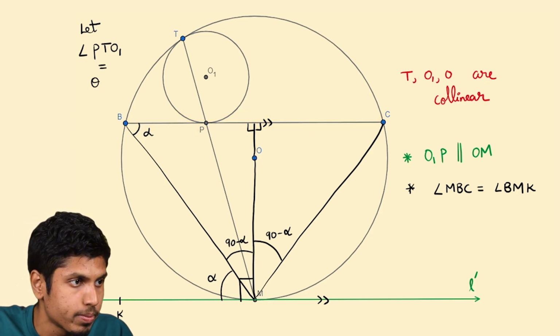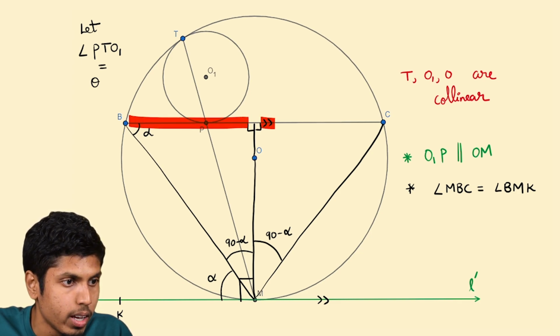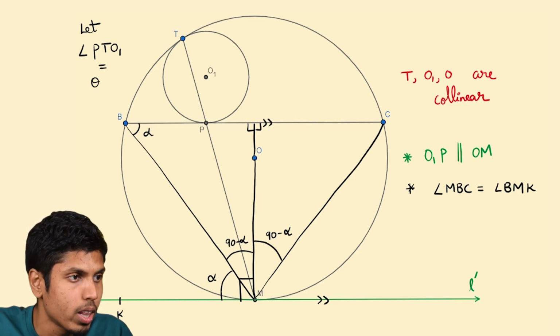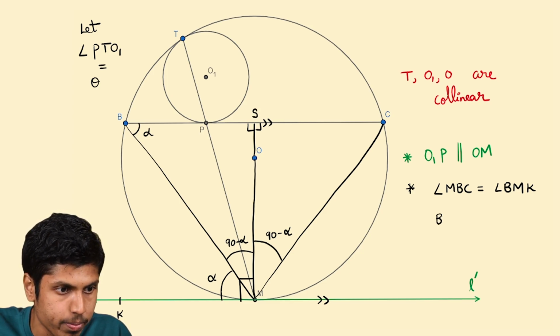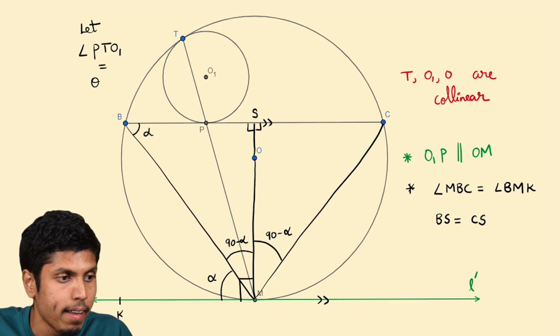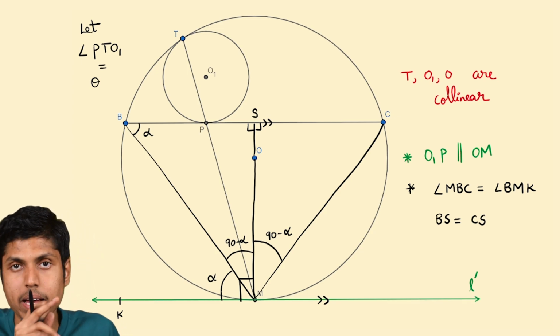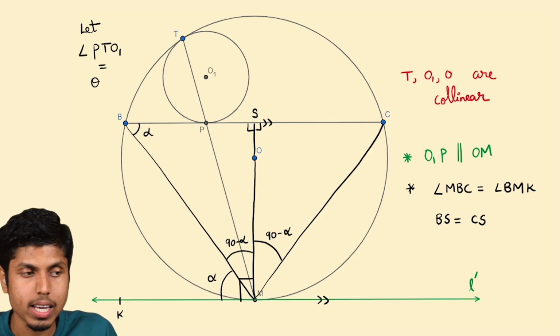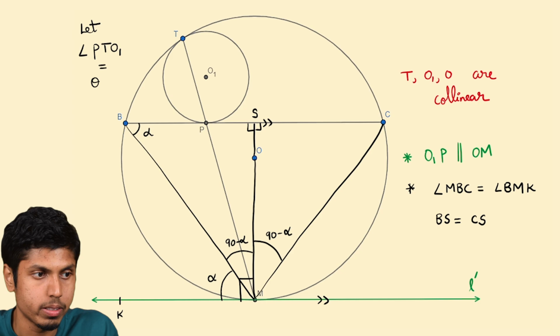That means this length equals this length. Maybe let's call the midpoint S. We have BS equals CS. Thus, the angle on the other side, CMS, will also be 90 minus alpha because the triangles are congruent.